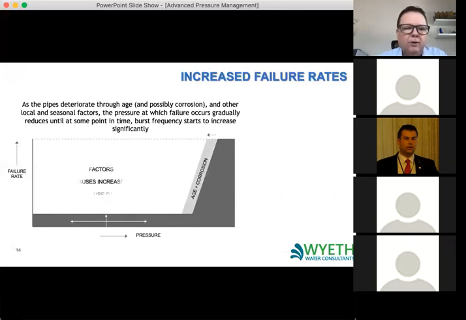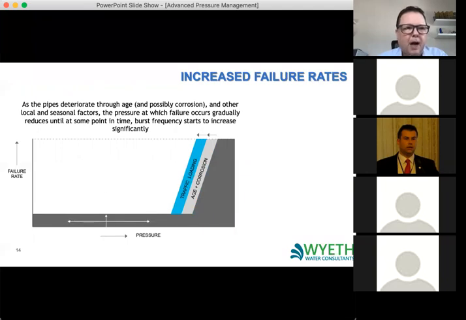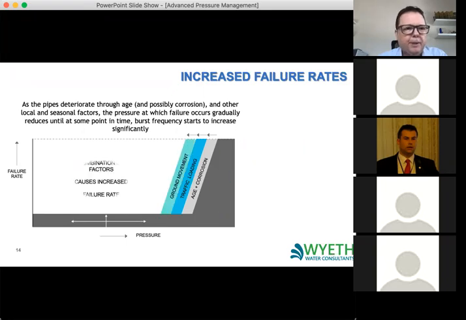But the problem is that over time, the pipes actually start to weaken. So age will weaken the pipes, especially with different materials, and also corrosion. Traffic loading, for those pipes that are under the roads or close to the roads, can actually affect the strength of the pipes. Ground movement, we do have people who are operating in earthquake areas, but we also have places like Bangkok and Jakarta, where the groundwater level is very high, and that can actually create ground movement as well.